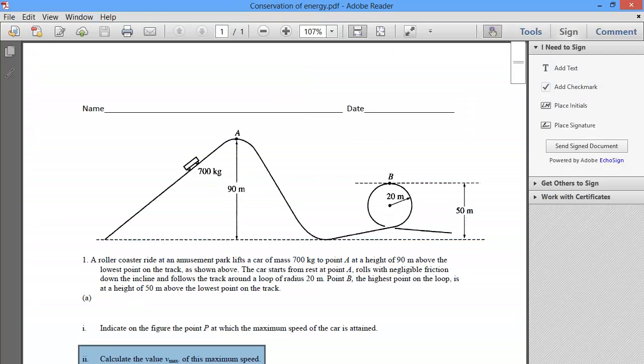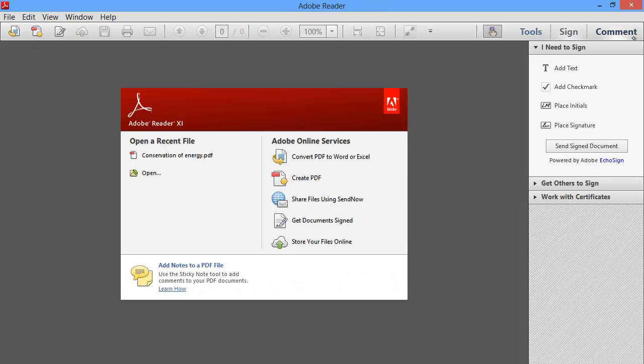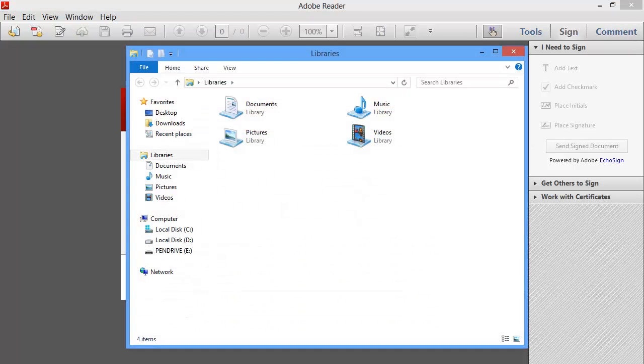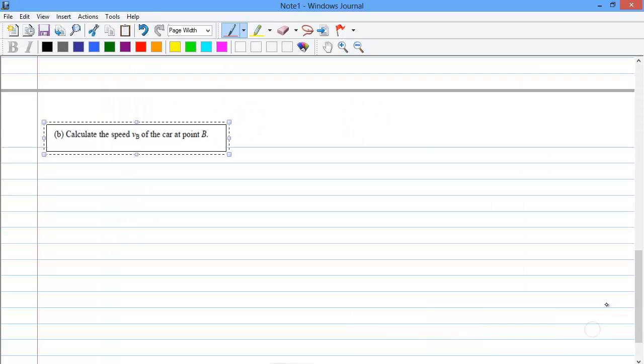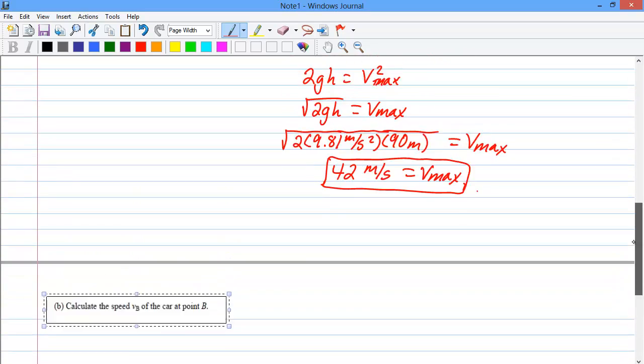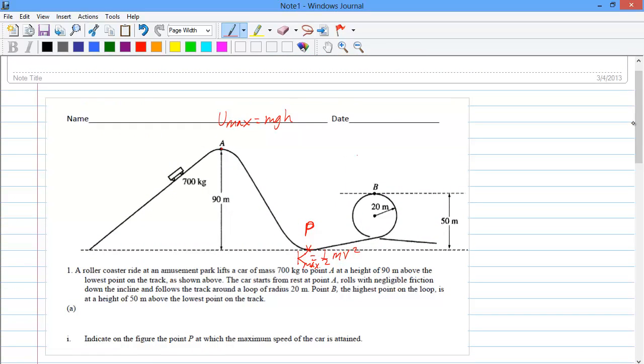What about the next part? For the next part, I want to calculate the speed vB of the car at point B. So let's look at the picture again. This is the height that it travels from there to B. So this potential energy is going to become this kinetic energy right here.